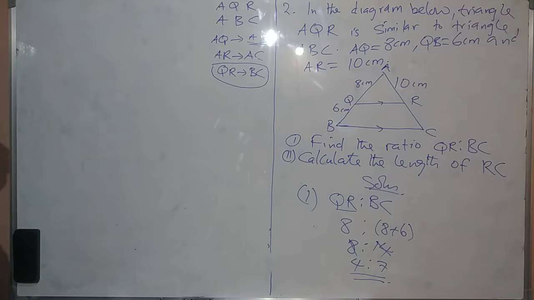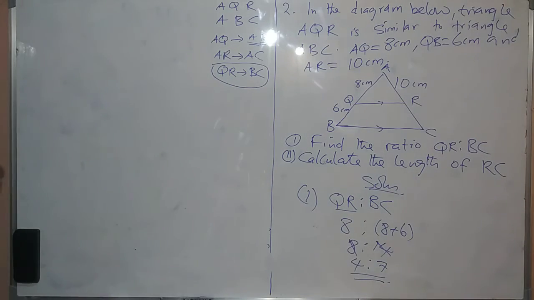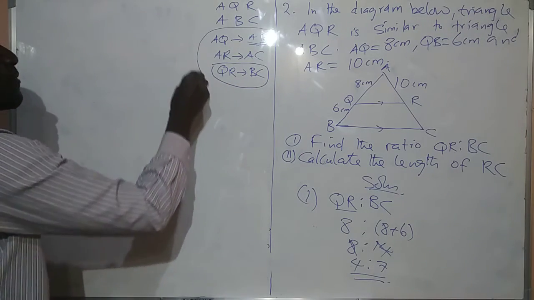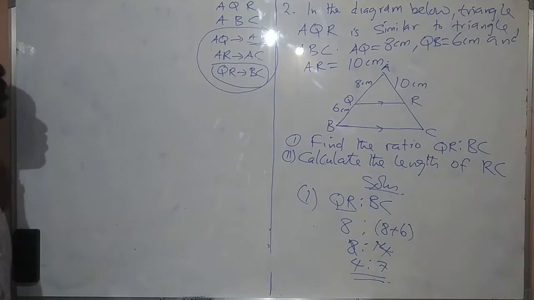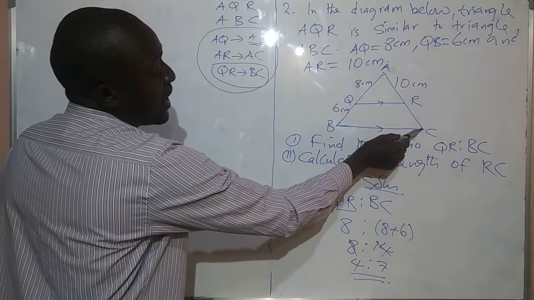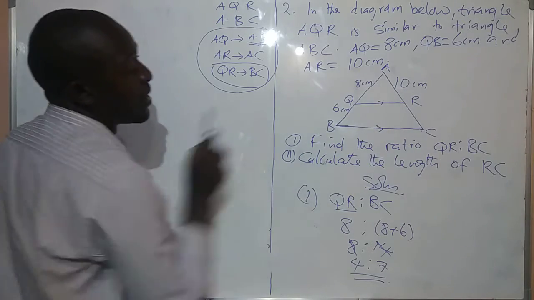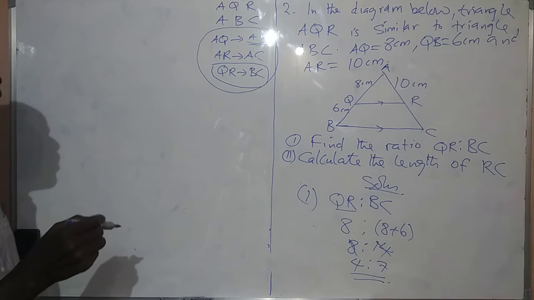The next question says, calculate the length of RC. So we are going to use these things that I've written here. We check where RC is. RC is actually on AC, so we are going to use that one to solve.